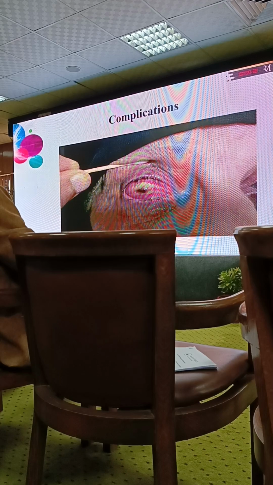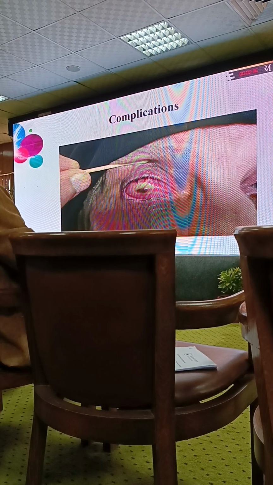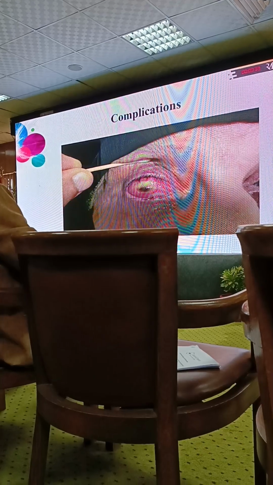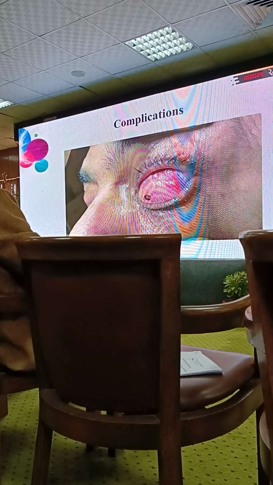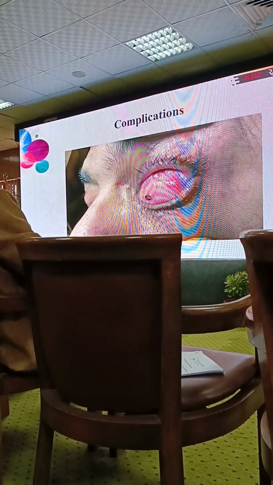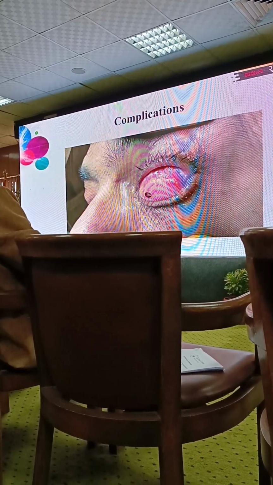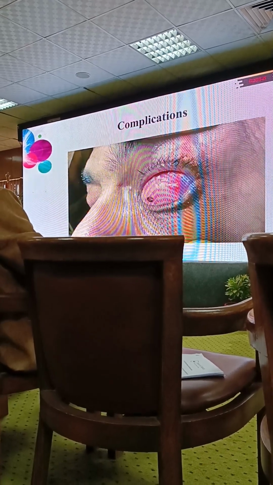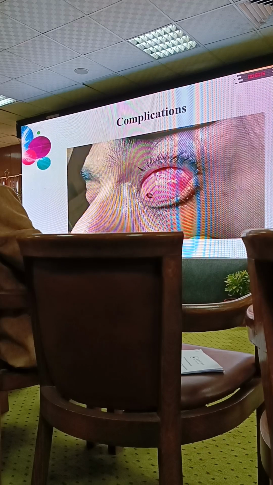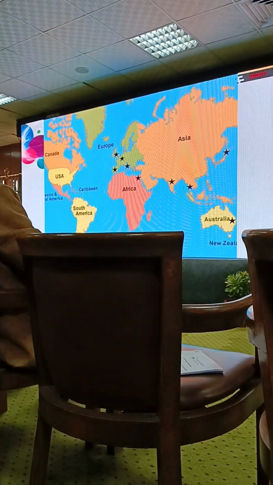All these complications can be managed, but of course it needs time and patience from the patient and the doctor. You can also have bone exposure. This should be treated. The bone should be ground and covered by buccal mucous membrane. Otherwise, infection may occur in the bone.